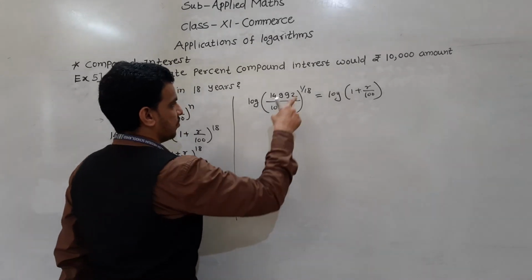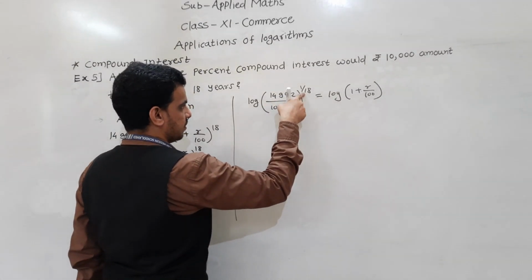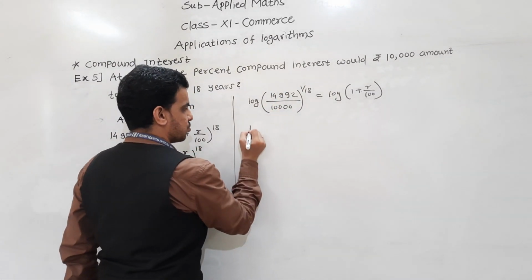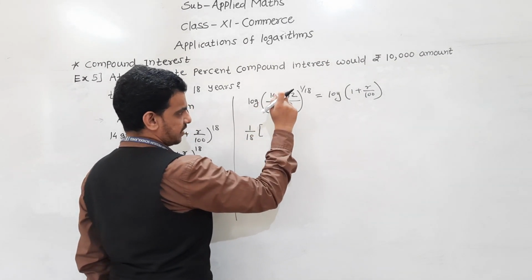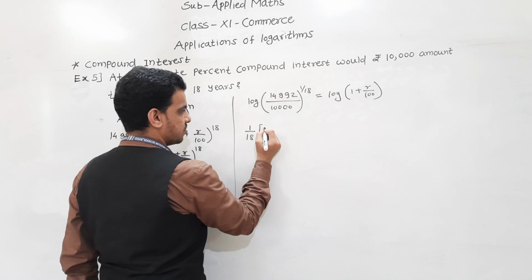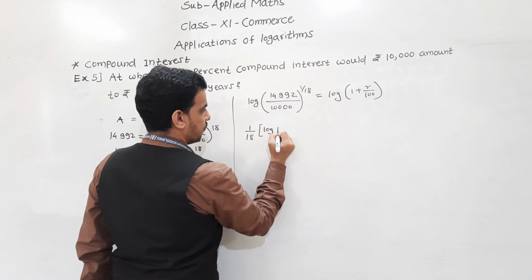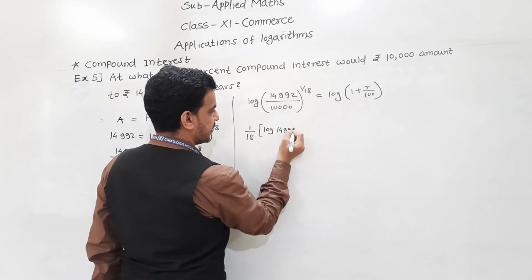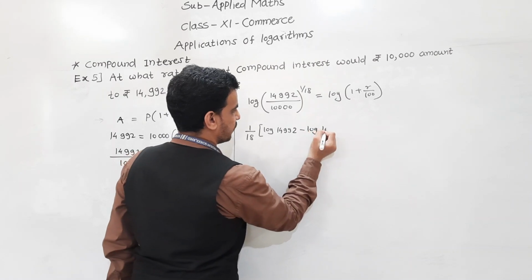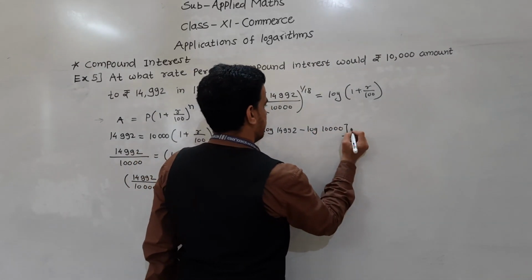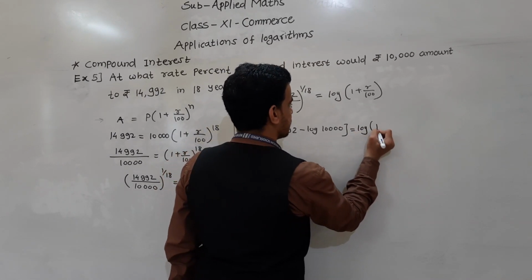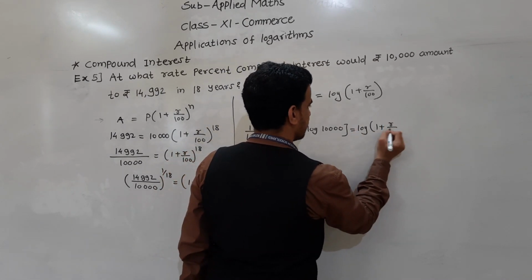Now 1 by 18 becomes the coefficient, so 1 by 18 into log of 14,992 upon 10,000, so it is log of 14,992 minus log of 10,000 is equal to log of this. I am keeping this as it is.